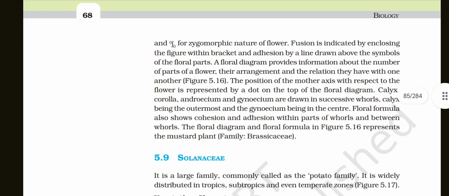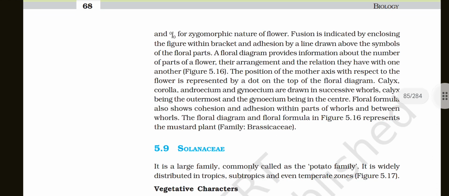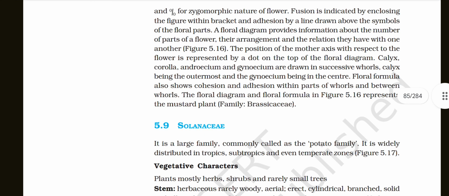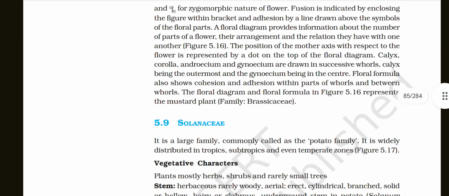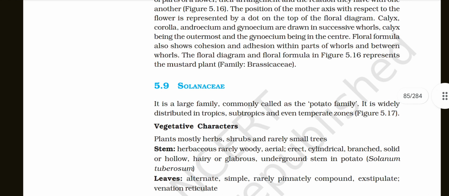Fusion is indicated by enclosing the figure within brackets, and adhesion by a line drawn above the symbols of the whorls. In the floral diagram, the flower, their arrangement and the relation they have with one another, and the position of the mother axis with respect to the flower is represented by a dot on top of the floral diagram.